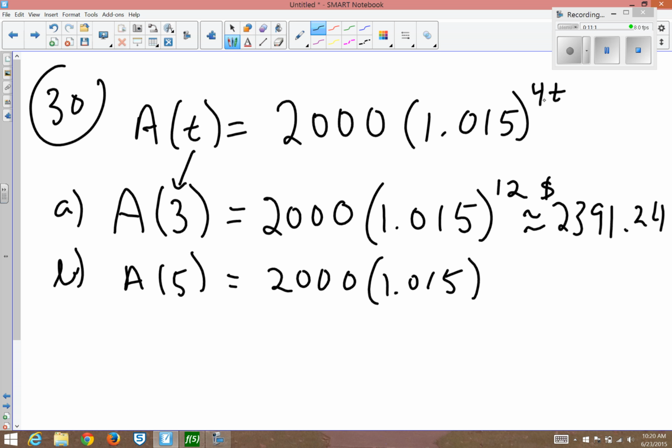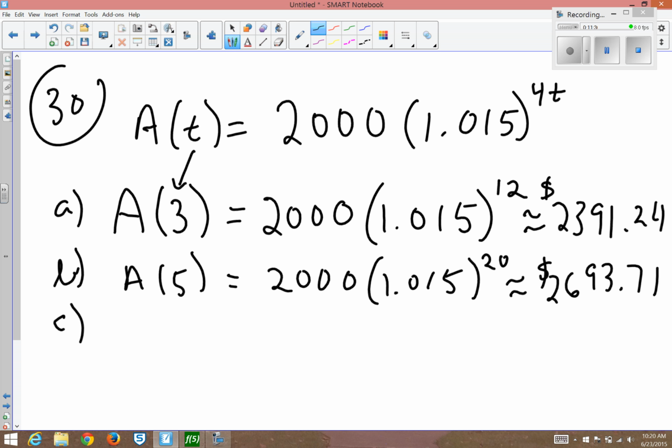Replacing t with 5 makes this exponent 20. 4 times 5 is 20. Calculate that with your calculator. 2,000 times 1.015 raised to the 20th power is $2,693.71.